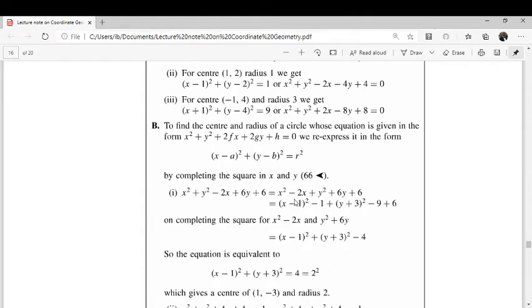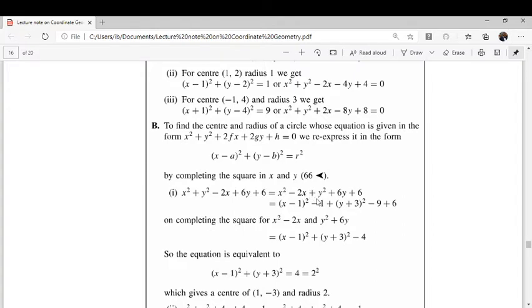You arrange it in the form of completing the square, as in x, as in y. If I use this, I'm going to have -1, and here I will have -9 plus. So when I resolve it, I'm going to have x minus 1 bracket squared plus y plus 3 bracket to the power of 2 minus 4.